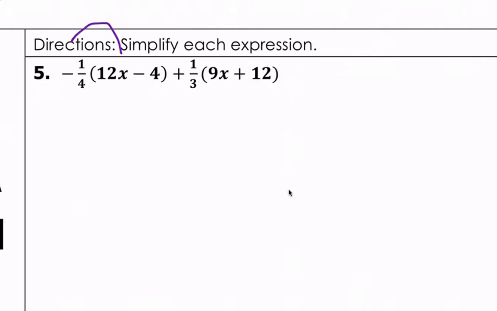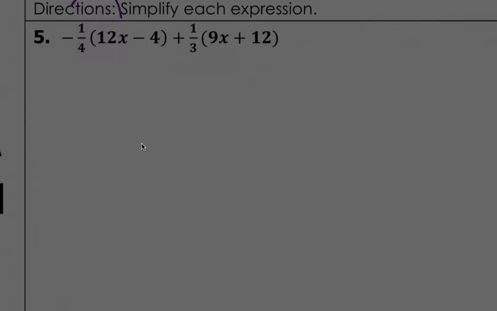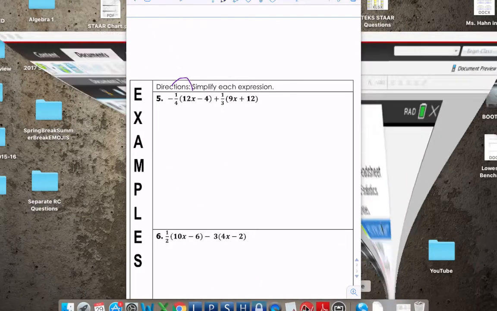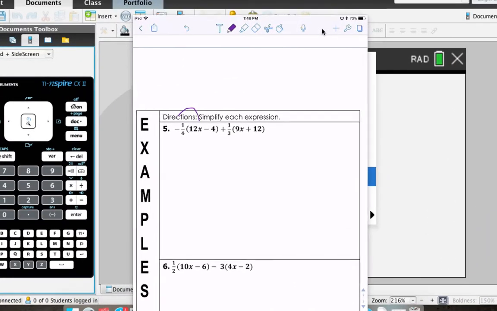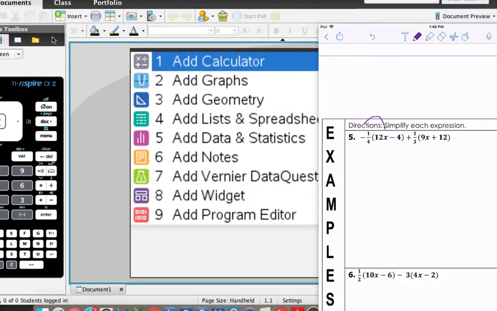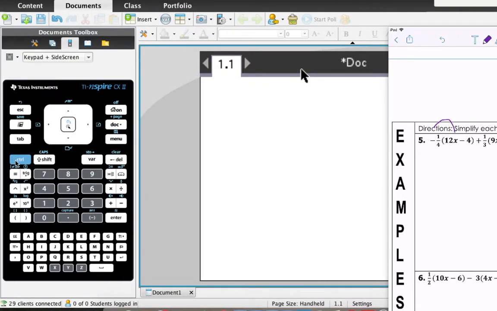So I'm going to show you how you can put this in the calculator. Okay, so it says negative 1/4, so negative.